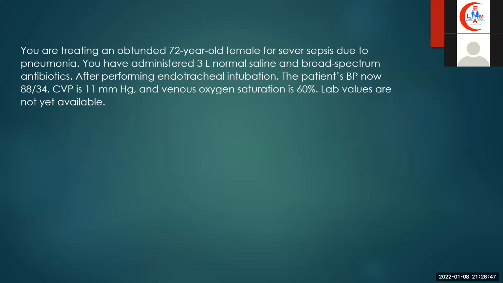After performing endotracheal intubation, the patient's BP is getting down, 88 over 34. CVP is 11 mmHg, and venous oxygen saturation 60, and lab values are not yet available. The question is, what is the most appropriate next step?